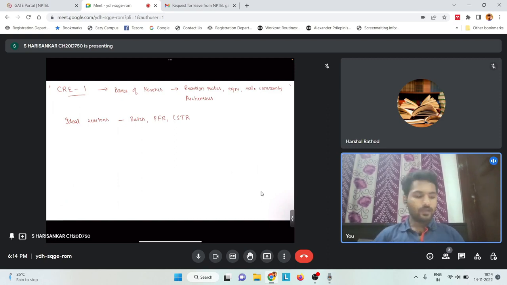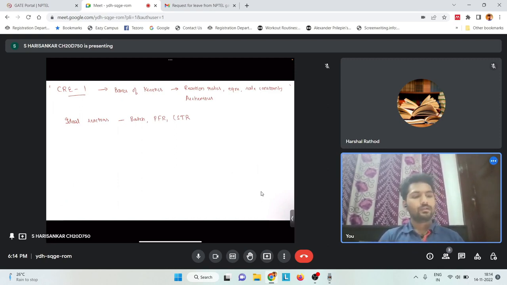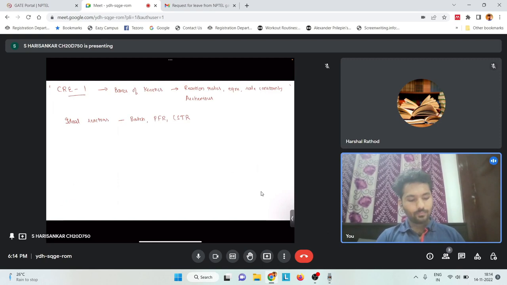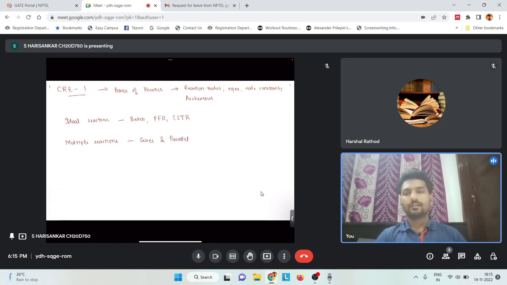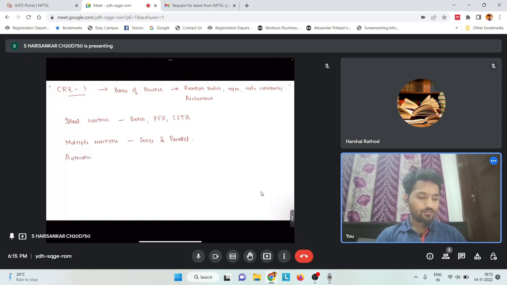Then we looked into some concepts like multiple reactions, basically reactions in series and parallel. Then some special kinds of reactions like autocatalytic reactions, reversible reactions, cyclic reactions, and so on.